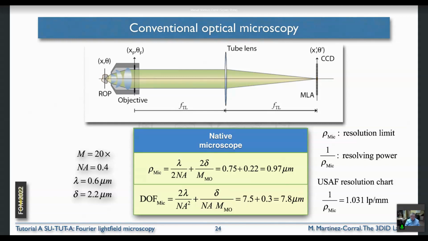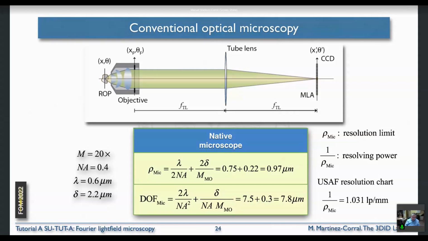Let me remind you, I know that many people get confused about this. This is the resolution limit, the minimum distance that we can have between two emitting points so that we can still distinguish them. This is the resolution limit, about 1 micron.